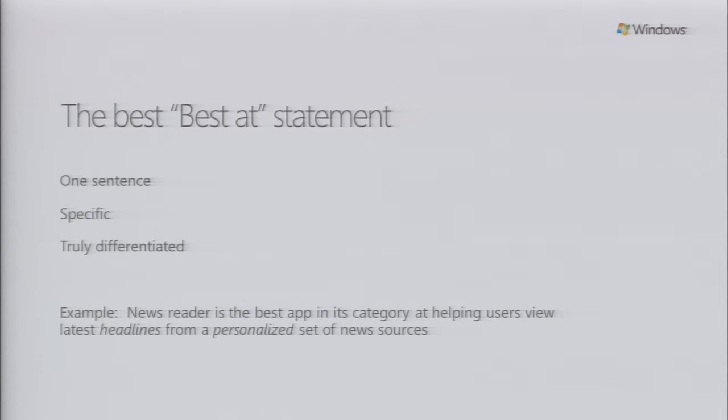And the things that we think are really unique in this sample scenario are the fact that we're going to focus on headlines and letting them organize and manage the headlines and the groups of headlines that are important to them, like technology stories or the sport that they're into or the fact that they like this car, right? And personalize that in such a way that it's really going to be unique and configured just for them. So it's going to be my news, right? And that's what we think we're going to be the best at.